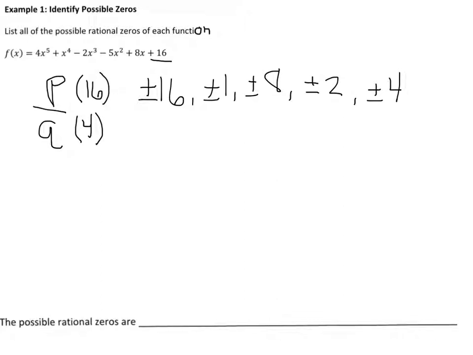The plus minus has to be there because we could do 16 times 1, or we could also do negative 16 times negative 1 to get positive 16. The factors of Q are going to be plus and minus 4, plus and minus 1, and plus and minus 2. So in order to write down the possible rational zeros, we have to do every single combination of our P with our Q in fraction form.